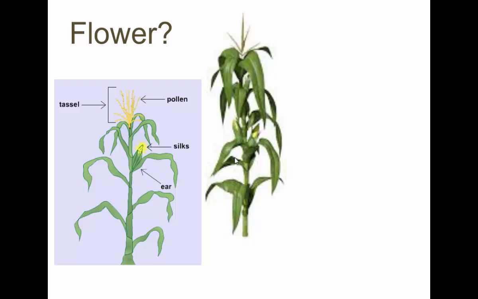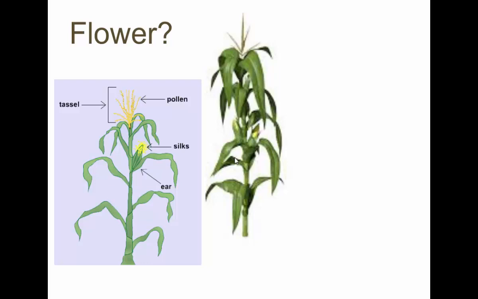Okay? When you look at a mature corn plant, you have the ears of corn that grow sort of in the leaves. You've seen the tassel at the top? Well, there are male and female flowers. The tassel at the very top, which matures, is actually the male parts of the flower. That's where the pollen is produced. Those are the anthers.